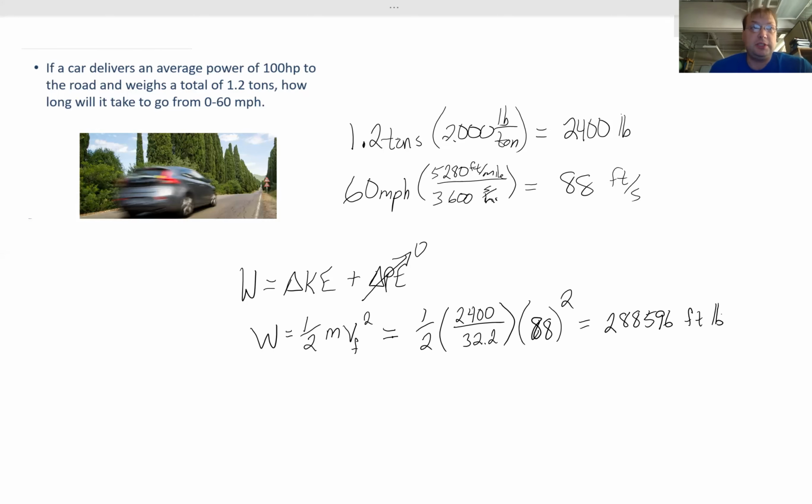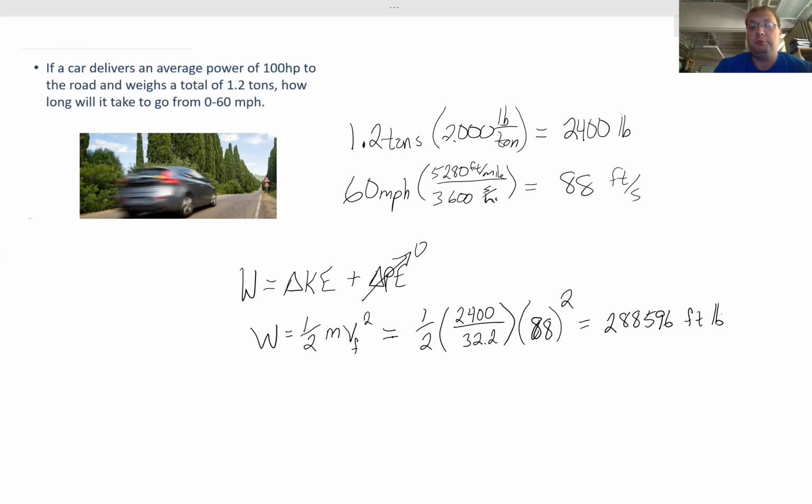Now, this is the work that needs to be produced. This type of work needs to be completed. So what we're able to do now is express the fact that we're able to provide an average power of 100 horsepower.